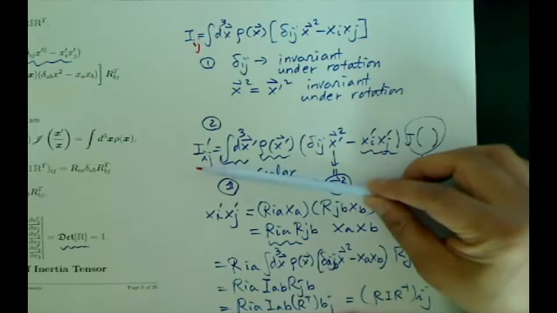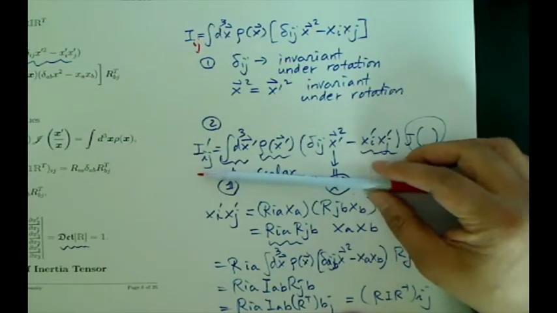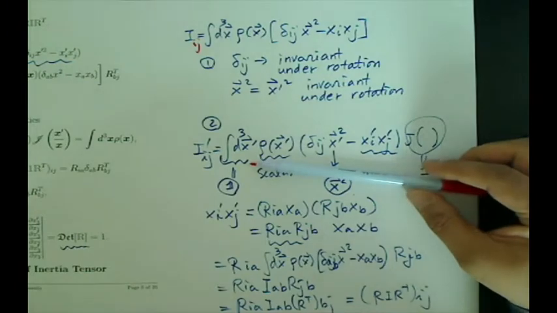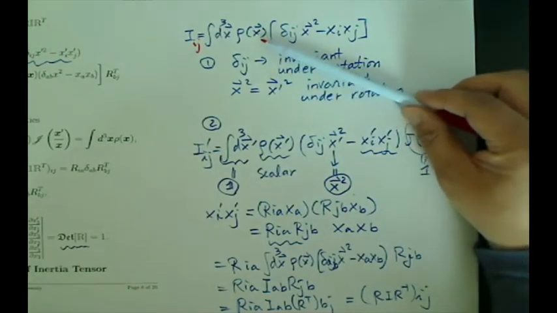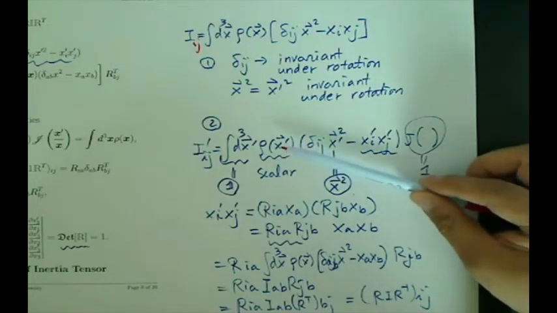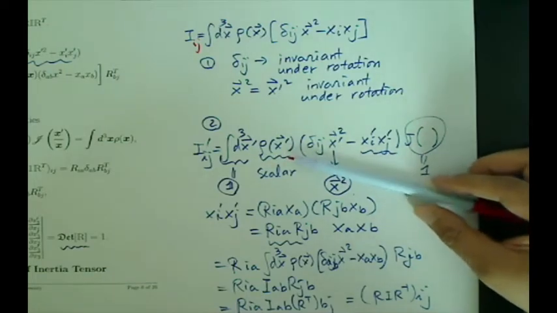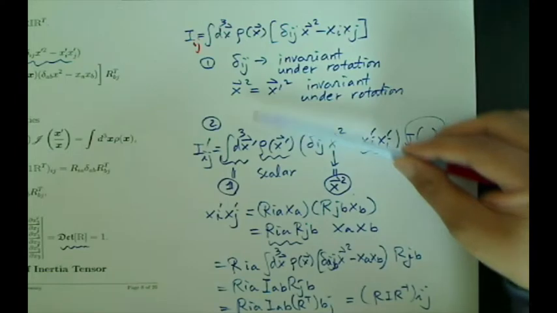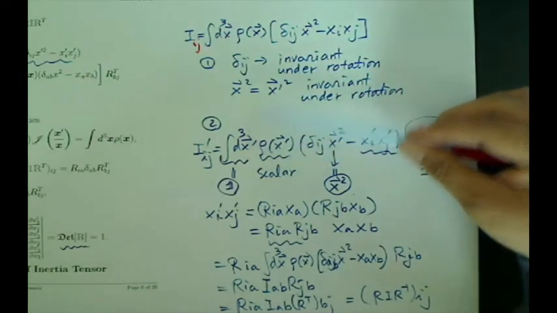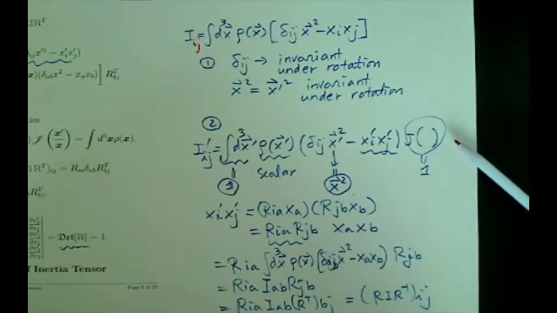If we transform this into the rotated coordinate system, we have a scalar function. We remember the scalar function is independent of rotation. This one should be the same. And we have a coordinate rotation. The Jacobian appears.